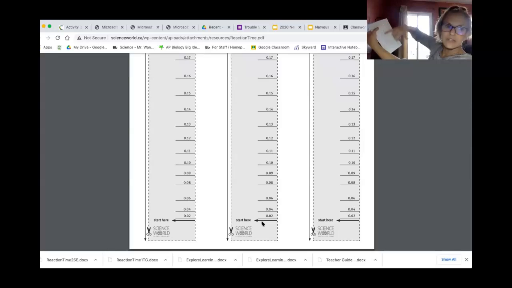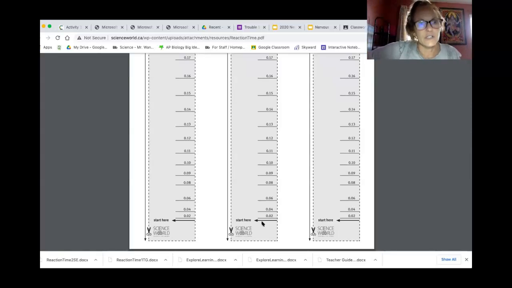That's where you need the dividers, so you know how long it took you to catch that. And you're going to do it with your eyes open, and you're going to do it with your eyes closed, where they tell you to go under 3 different conditions. So you're going to see which is a faster reflex: your touch, your sound, or your vision.